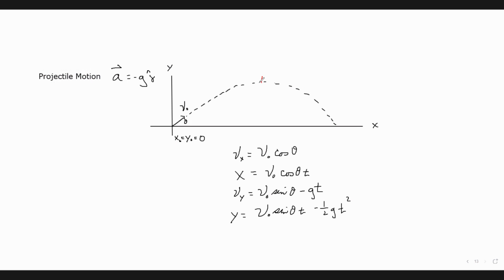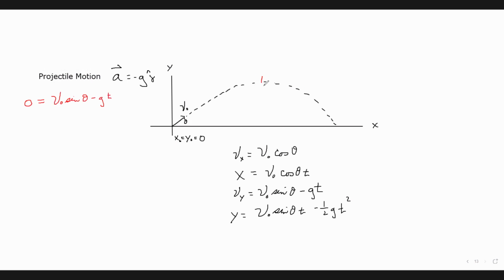The y component of velocity is 0 because I have an x component of velocity, but no y component. So that means dy is 0, but that must equal v0 sine theta minus gt.